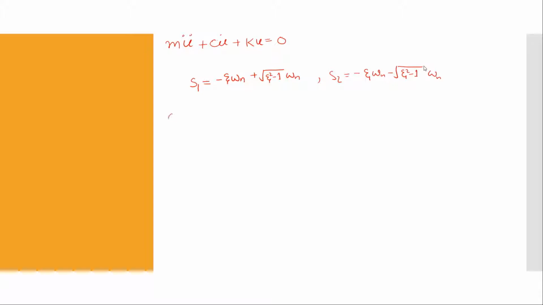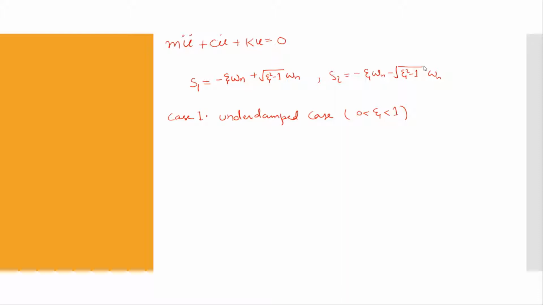Case 1 which we studied was the under damped case, where xi was greater than 0 but less than 1. If we put these values here, the inside of the root would be negative, so an imaginary value would be there.